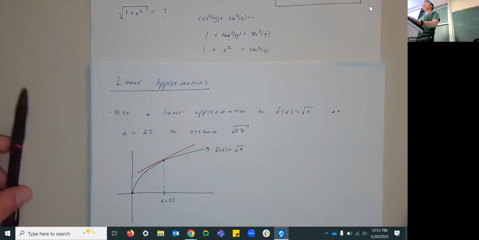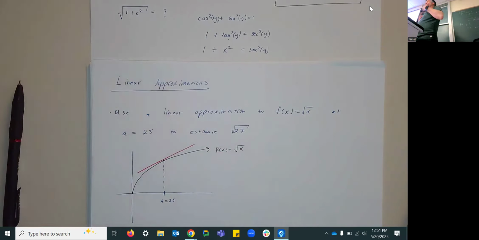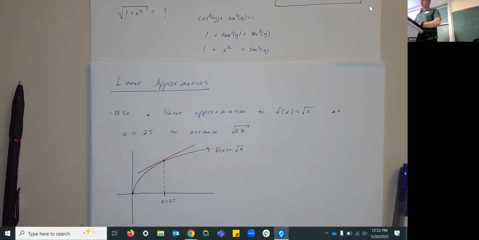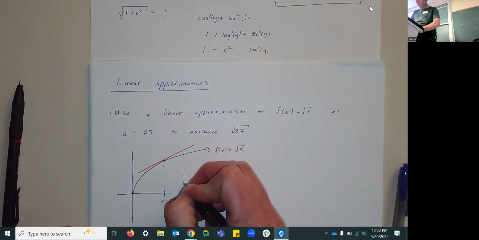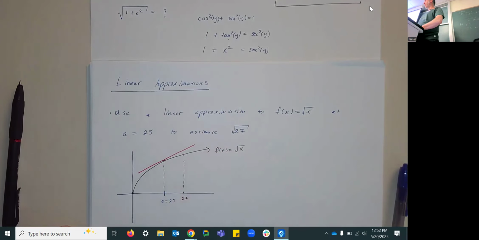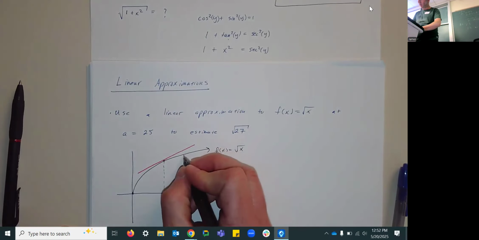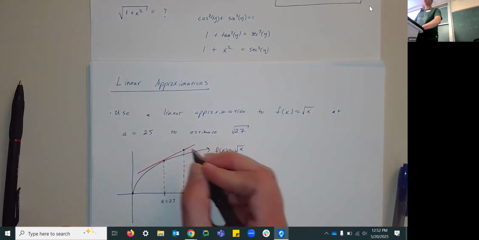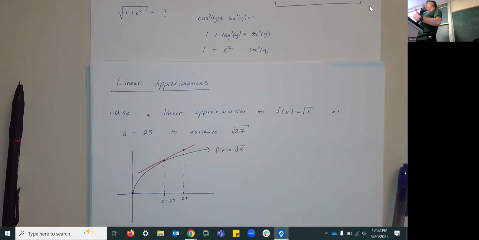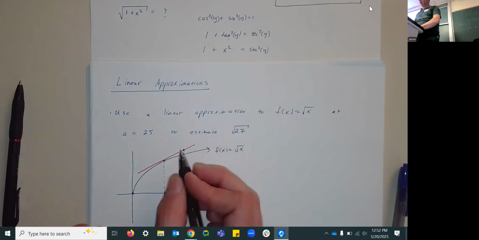And the idea here is that after we find the equation of this tangent line, instead of plugging in 27 to our original function, which is hard to calculate the square root of 27, we're going to plug in 27 to our linear function, where it's easier to figure out a line with 27 plugged in as the value to end up getting our approximation.